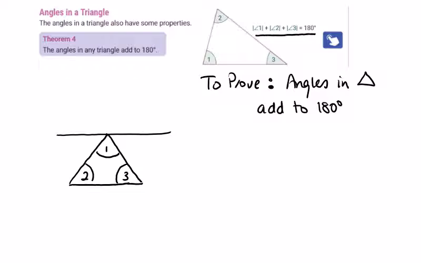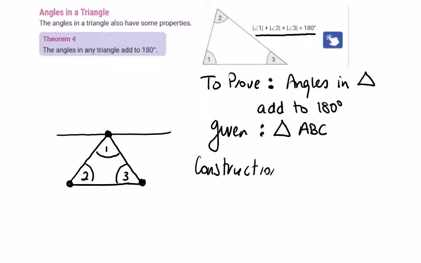So I'm going to say, given triangle ABC, what have we got? Triangle ABC. I'm going to do a construction. I'm going to construct something to help me. I'm going to label my A, my B, and my C. And I'm going to draw a line, and I'm going to call this line DE.